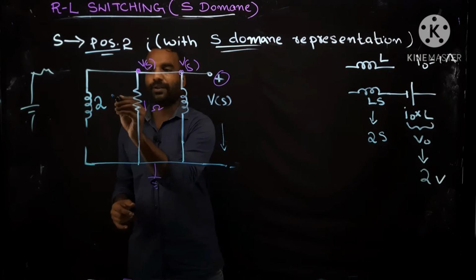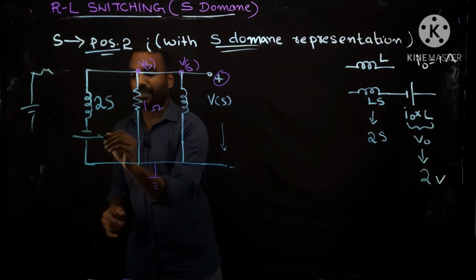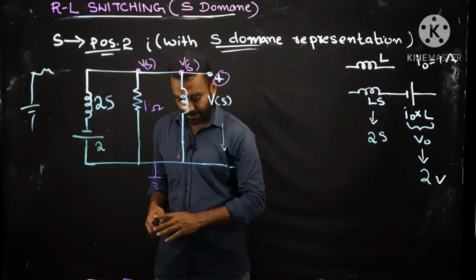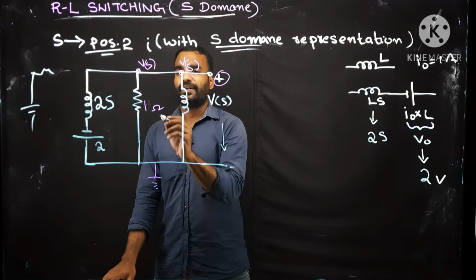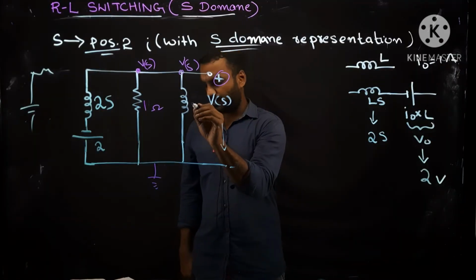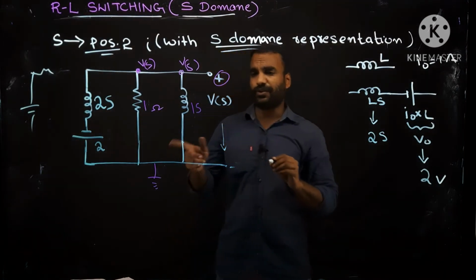So I have to write 2S here, and here a battery should be connected in reverse polarity with 2 volt. And we are having an inductor with 1 Henry, so it should be written as 1 into S.